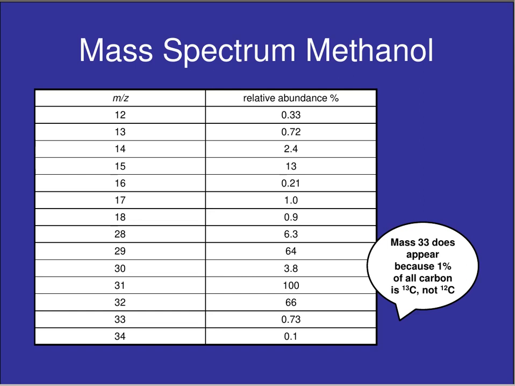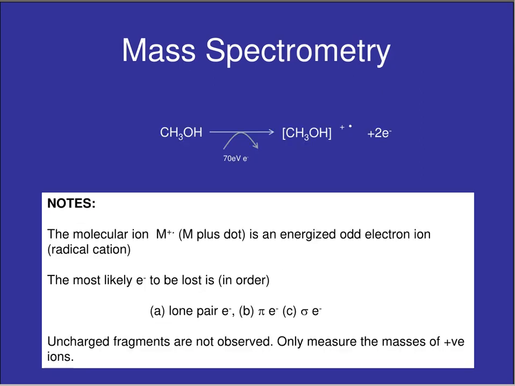Okay. So what I want to just have a look at is how do we represent all of this. So have a look here. This is what happens in the mass spectrometer: you have a methanol molecule. It gets hit by a high energy electron, and that electron kicks off another electron, so you get 2 electrons at the end.